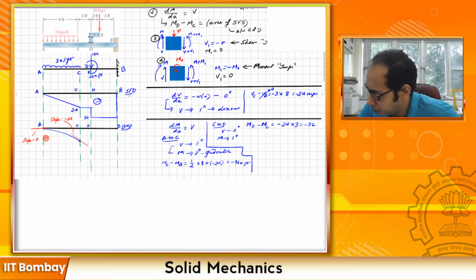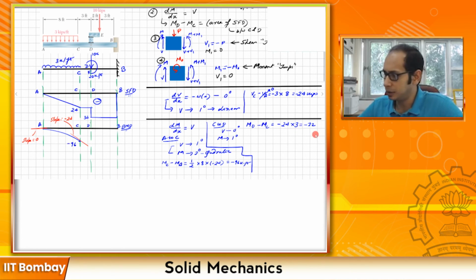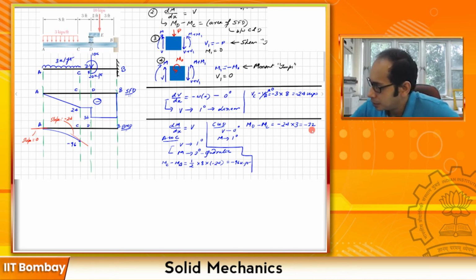This one is not 24, it will be minus 96. So let me mark this one, minus 96. So MD minus MC is minus 72. So MD will be minus 72 plus MC, and MC itself is negative 96, so minus 72 minus 96, that will give me minus 168.